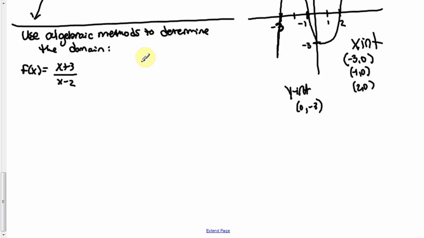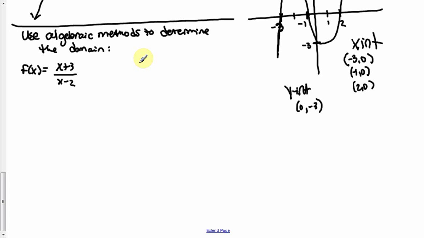I'll say it again. The domain will be every real number except those which cause the function to be undefined. If the function contains a fraction, then you must exclude any values which would cause the fraction to have a denominator of 0, because that's when fractions are undefined.